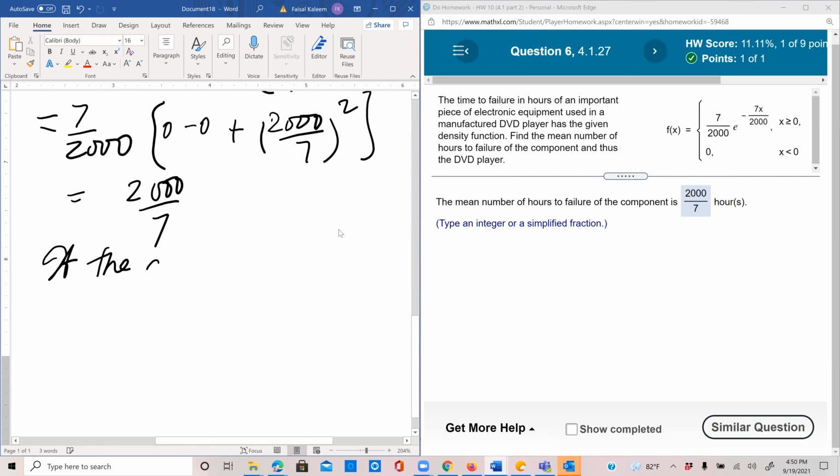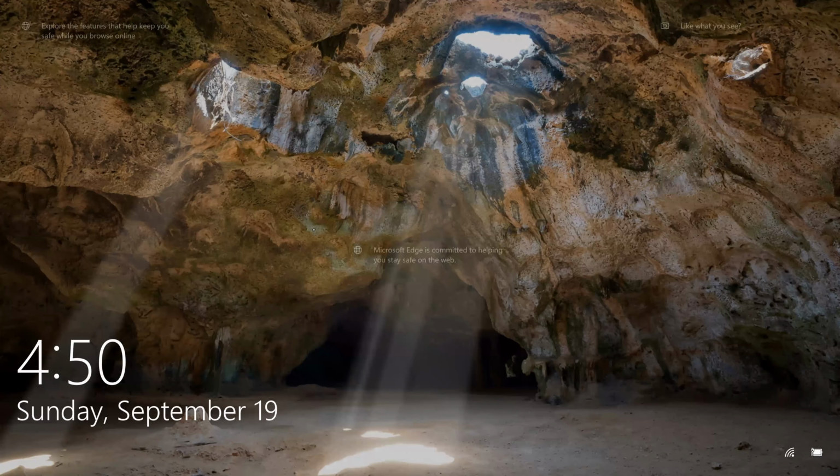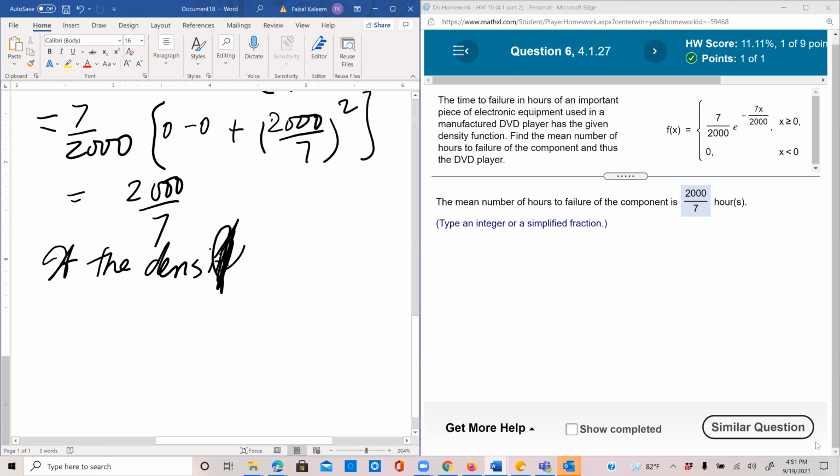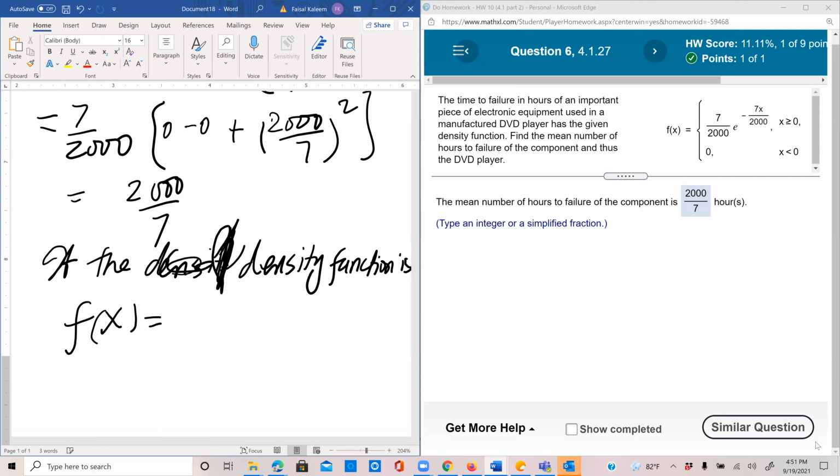the density function f of x is equal to 1 over m e to the power negative x over m, for x greater than 0.